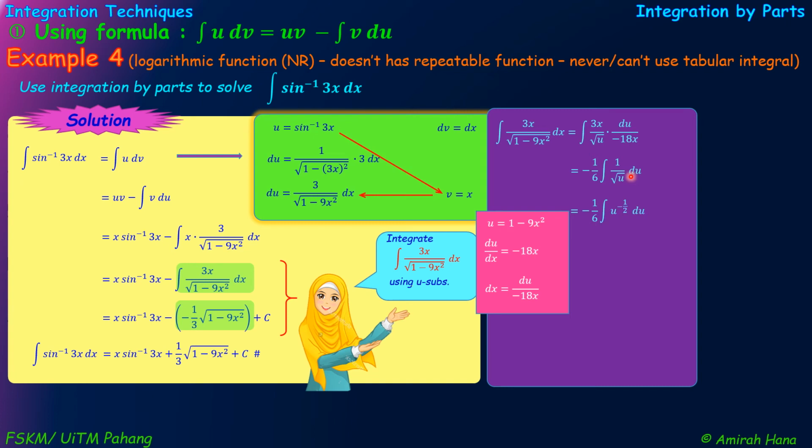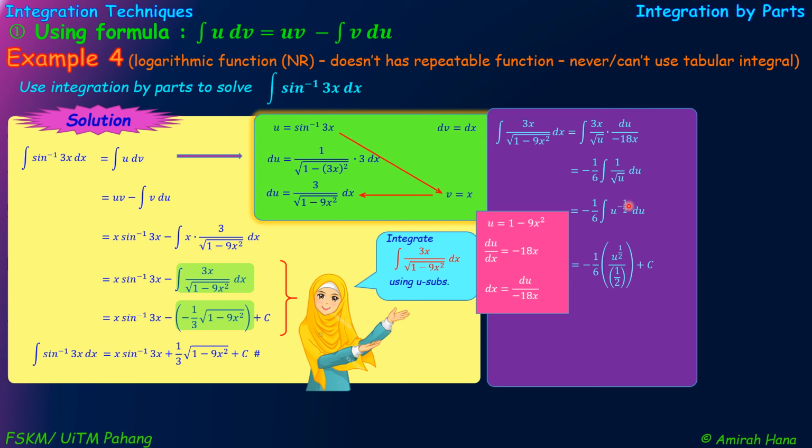Okay, so to integrate this part, we still have negative 1 over 6, the constant. And then integration of, we can write 1 over square root of u using properties of indices. It equals u to the power of negative half du. Okay? And then negative half here means n not equal to negative 1. So we can integrate using the power rule.